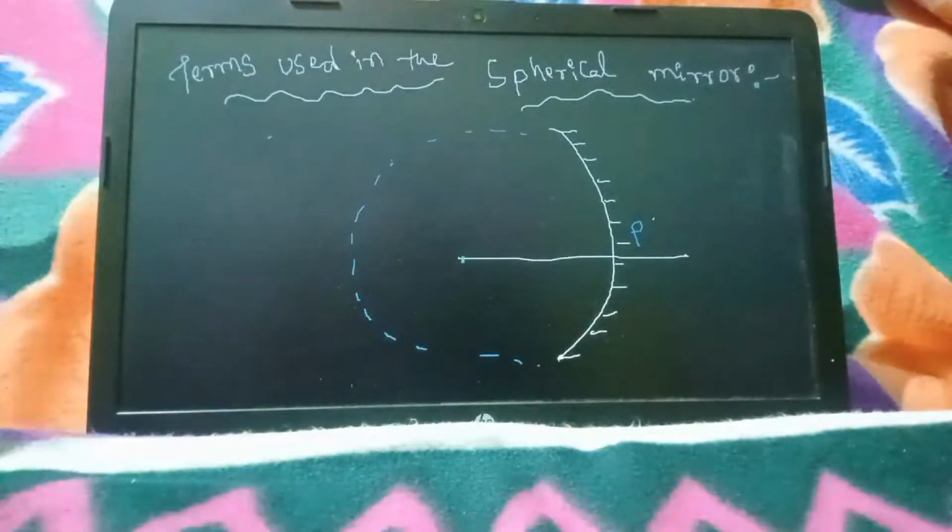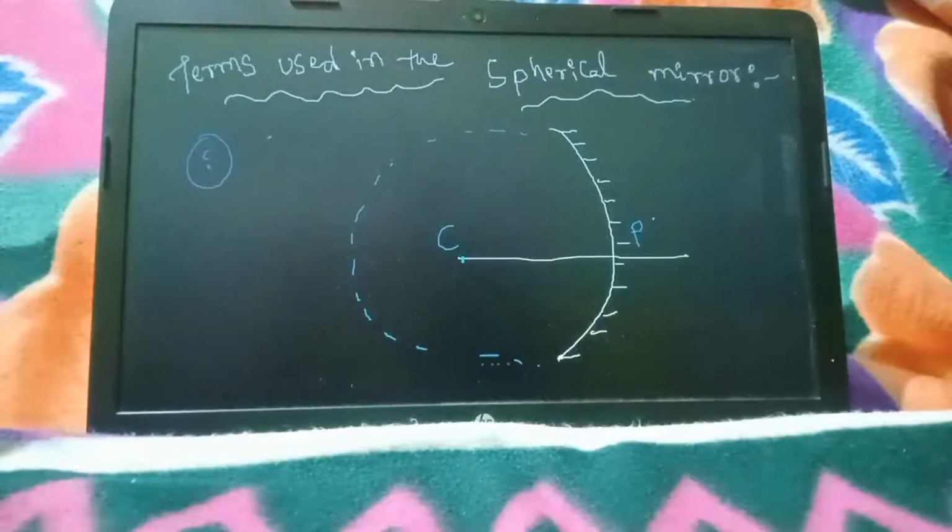Normally, if you take a sphere, there is a center. For this also, a center will be there. That is called the center of curvature. Why are we calling it the center of curvature? Because the mirror is a part of the sphere. It is an imaginary sphere, not a real sphere, in which the mirror is a part.